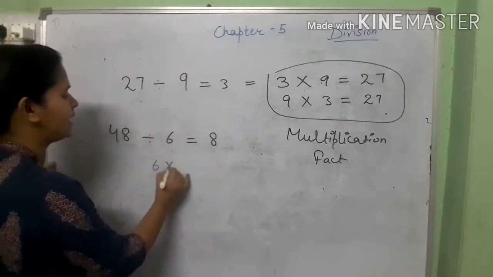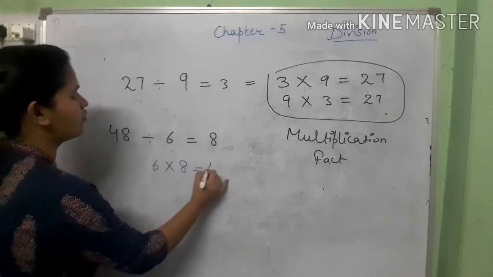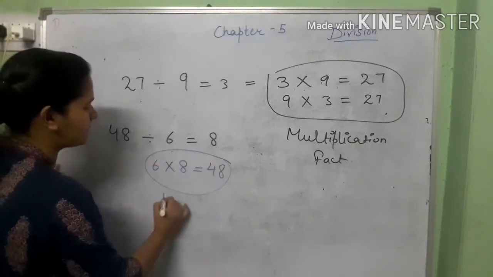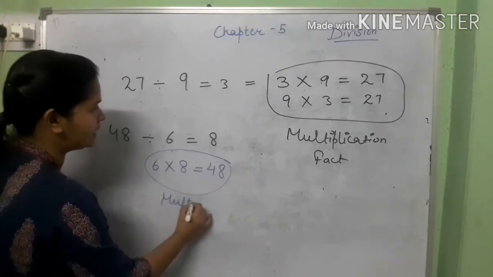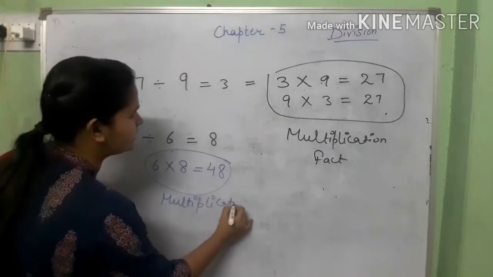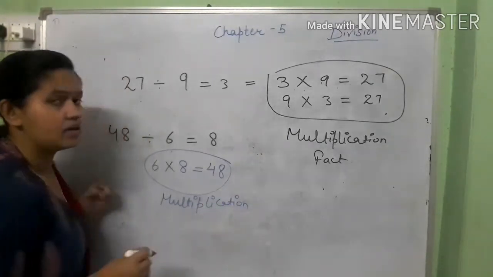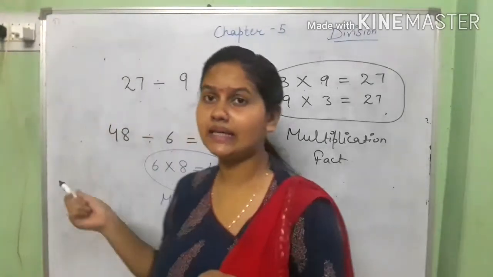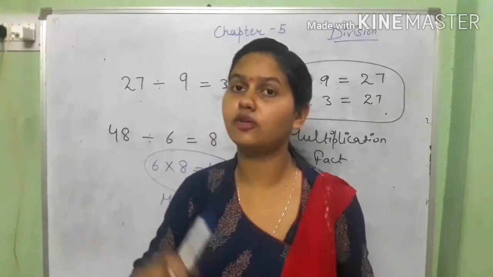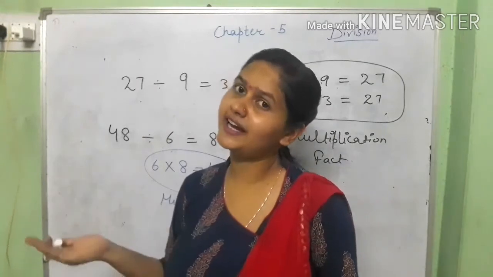So we multiply 6 8s are 48. In this way we find our multiplication fact, right? So this is how we take a division sum and from this division we find the multiplication fact.